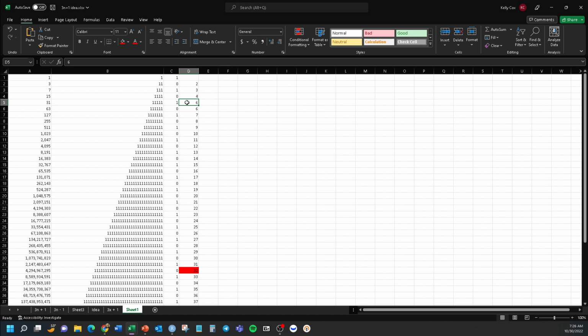Half of all numbers will be 3 mod 4. Half of 3 mod 4s will be 7 mod 8s.